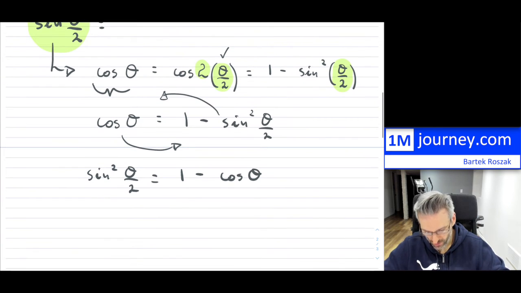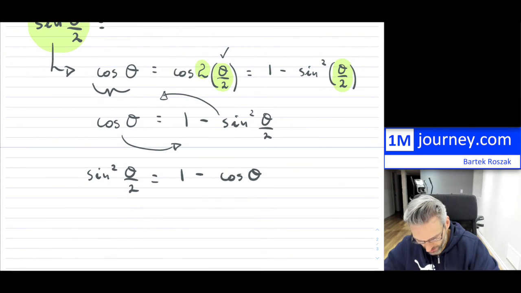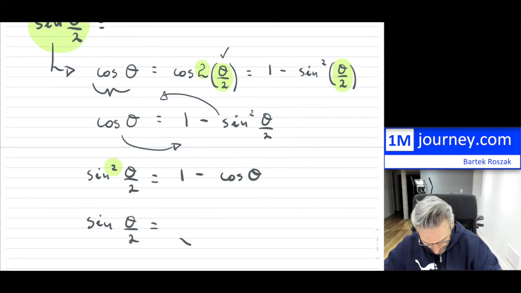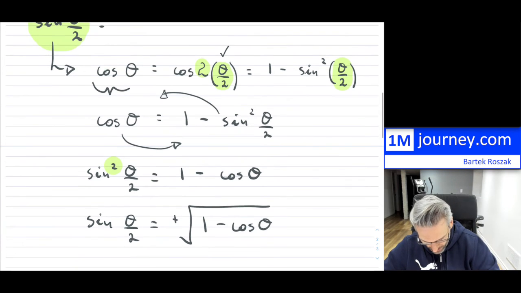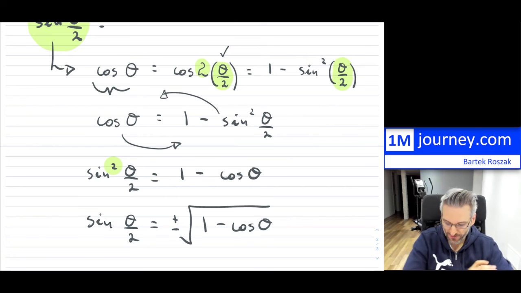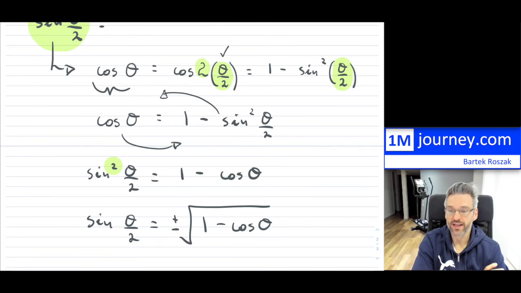And you can see probably where I'm going with this. I can take the square root of both sides, and I'll get sine theta over 2 is plus or minus the square root of 1 minus cos theta. And that's a formula for sine theta over 2. So that's something that we can derive.